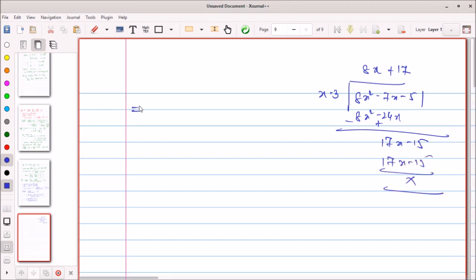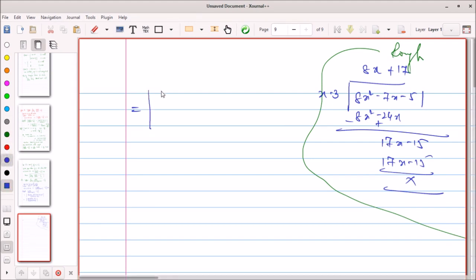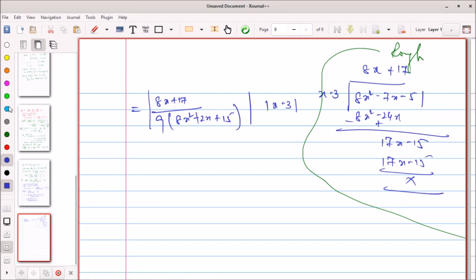So I can write that as (8x + 17) times |x - 3| upon 9 times (8x^2 + 2x - 15).